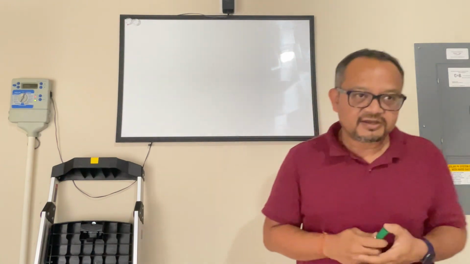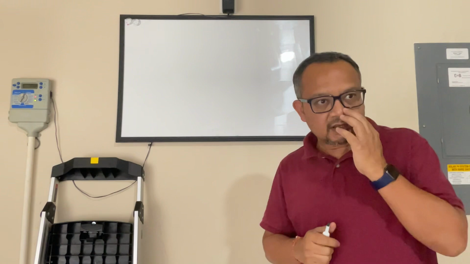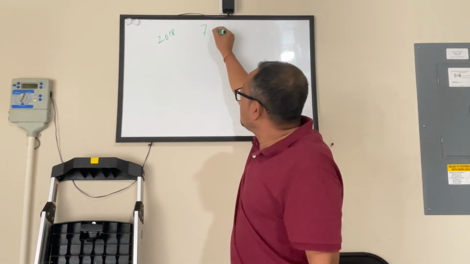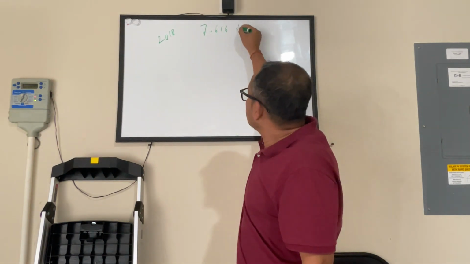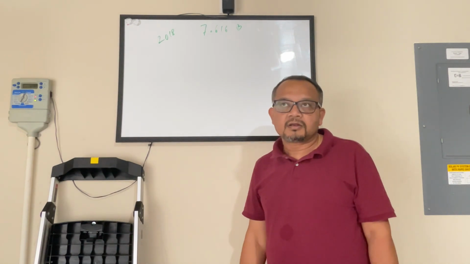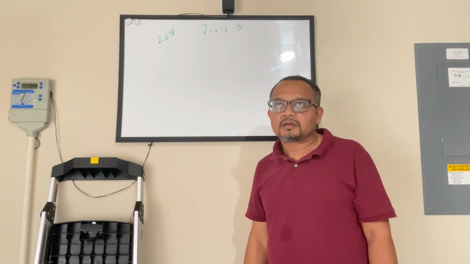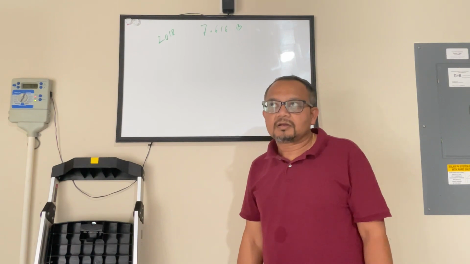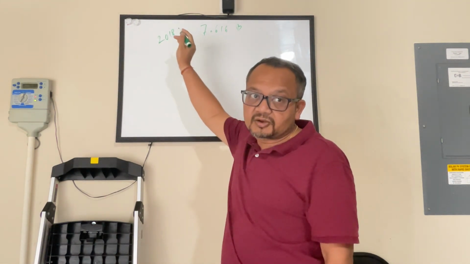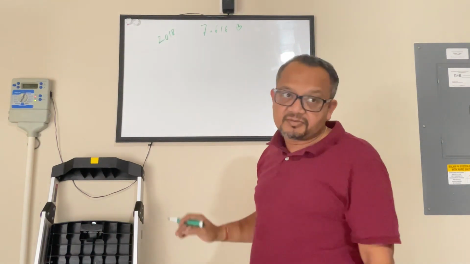Just read it for me. So the question is, as of 2018, the world population is 7.616 billion. P is population in billions of people, and T is time in years.